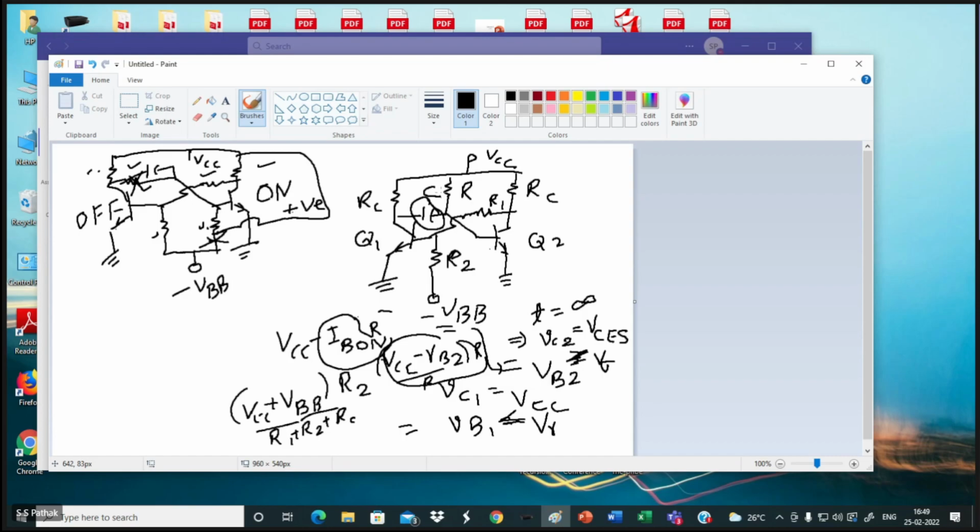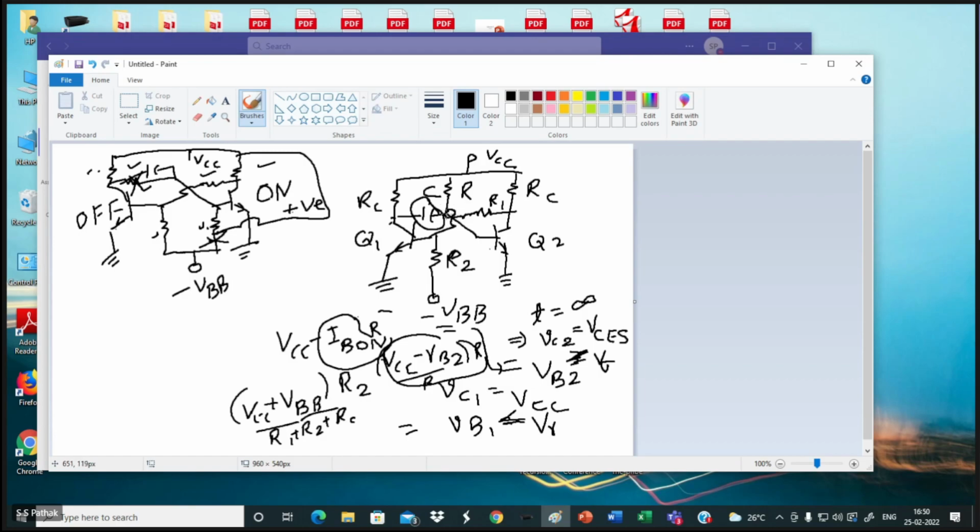Okay. What will be the charge on the capacitor, what way the capacitor will be charged? Initially this is your VCC. T equal to infinity, it is VCC. Here it is VCC coming to this through this R. What is the voltage here? IB on into R subtracted from VCC, that is this thing.